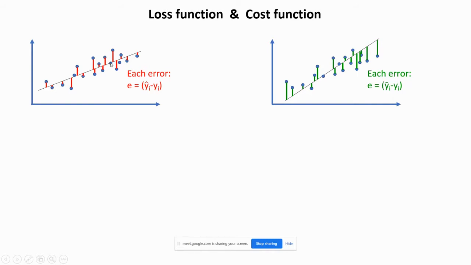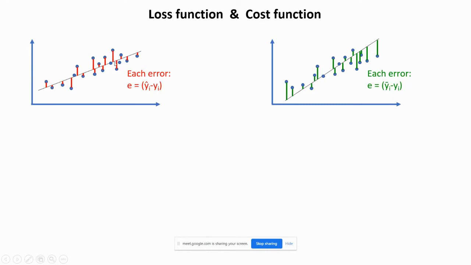So the difference will be 0, the error will be 0 here, because yi and y cap i are the same. But if you see other points, for example, this point is your yi, and its corresponding point on the line is y cap i, which is here, and the difference is not 0. Can you see that? Yes, ma'am.